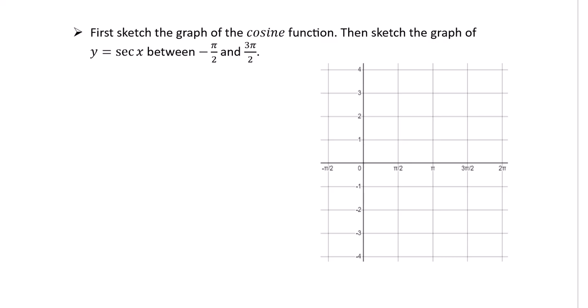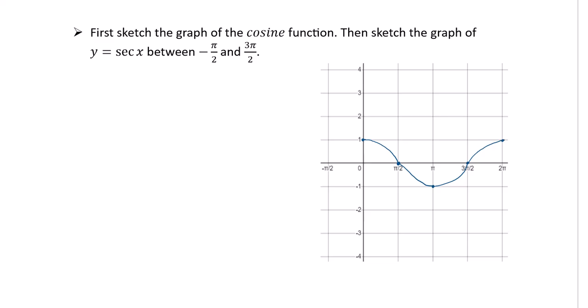So my cosine graph, remember, it's going to start at 0, 1, and then the next point is at the midline. At pi, we're at negative 1. 3 pi over 2, we're at the midline. And at 2 pi, we're at our maximum again. So this is our cosine graph.